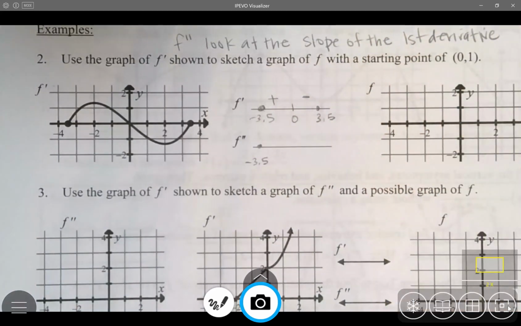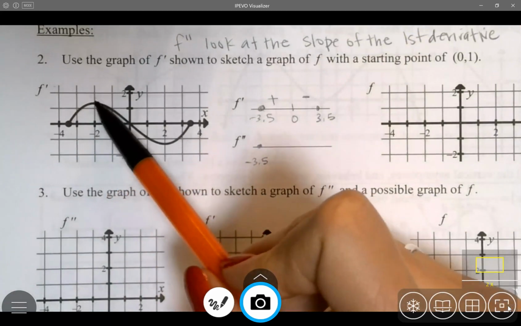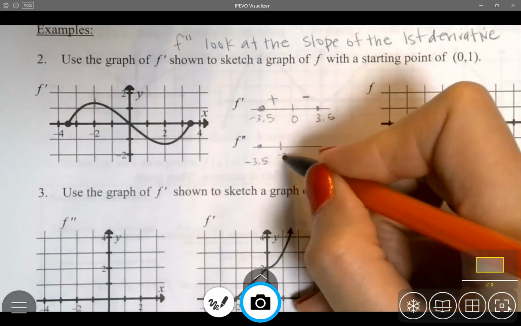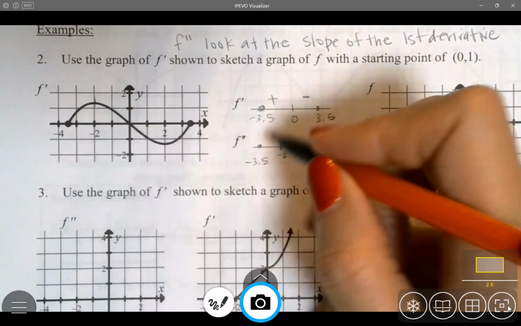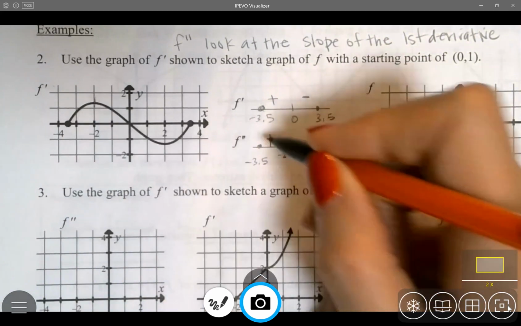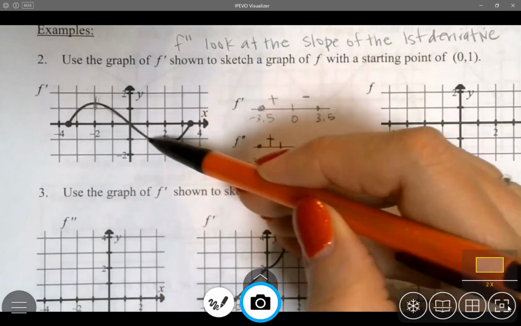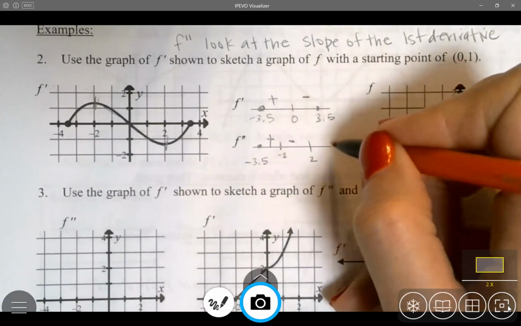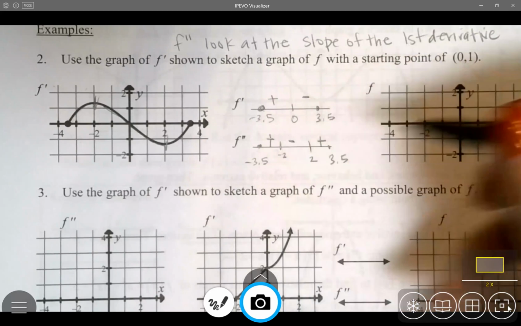Okay, so the slope is increasing until negative 2, so my second derivative is going to be positive. Then between negative 2 and positive 2, this is decreasing, so that's going to be a negative, and then from 2 to 3.5, it's increasing again.